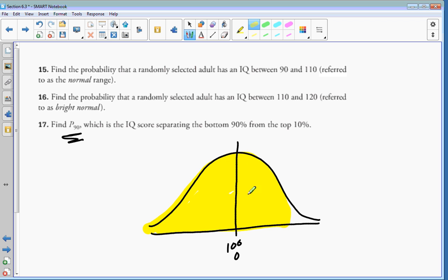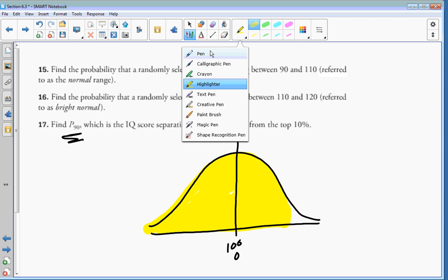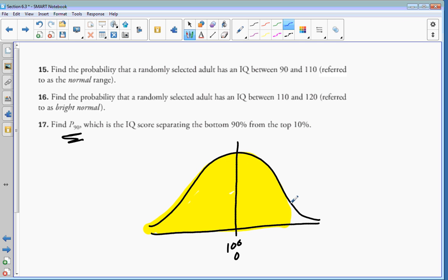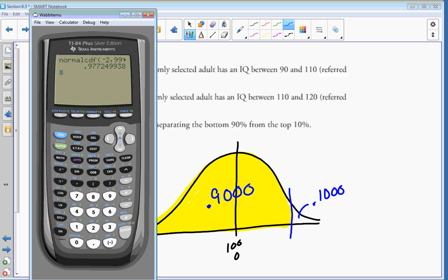Again, if it's the 90th percentile, that means that the area here is 0.9000. And I want to know what the IQ score is that separates them. Of course, this is going to be 0.1000. Again, they have to add up to 1. So I'm going to go to my calculator.